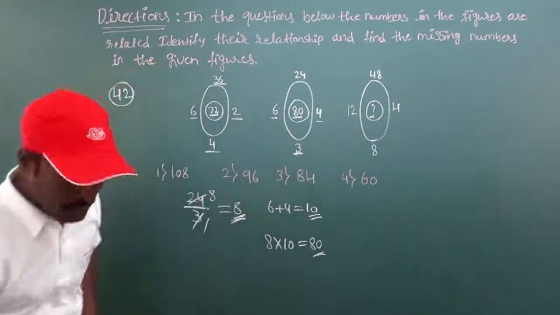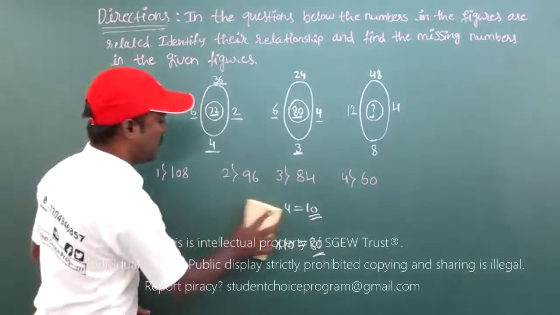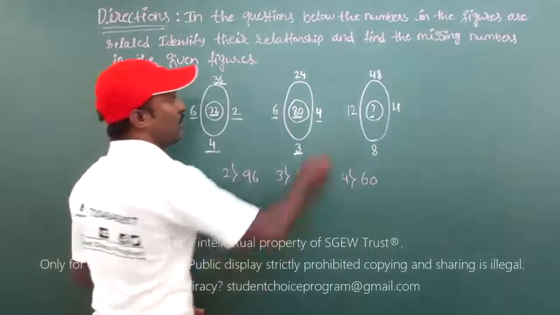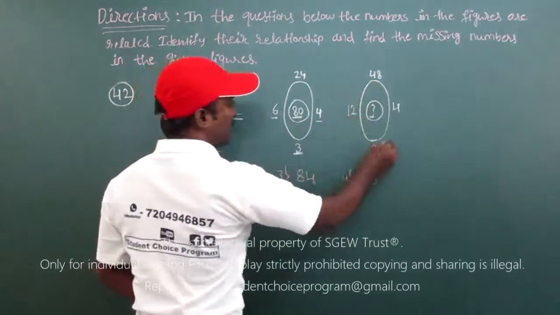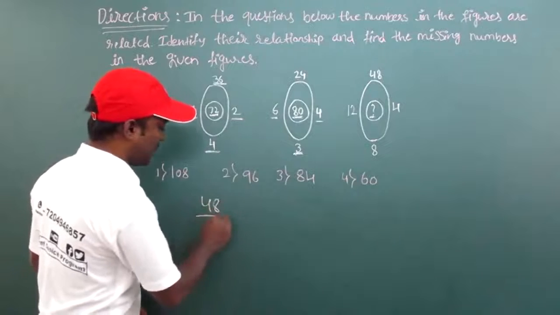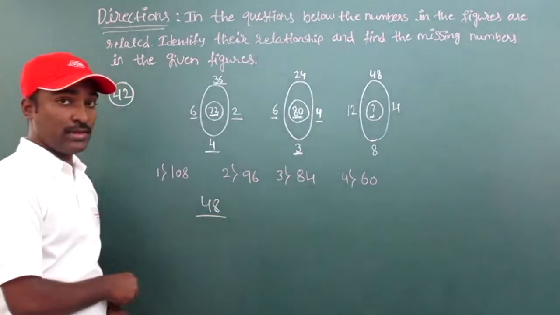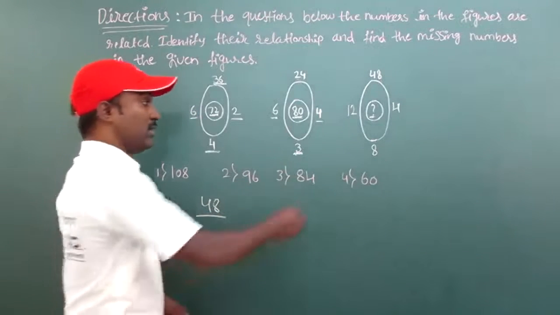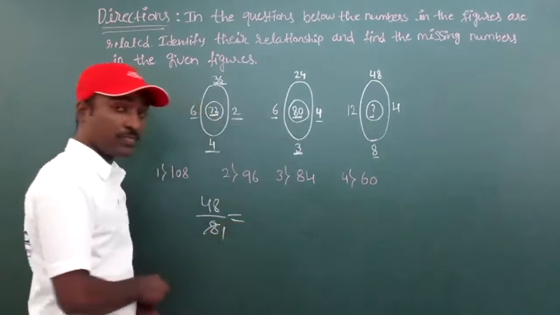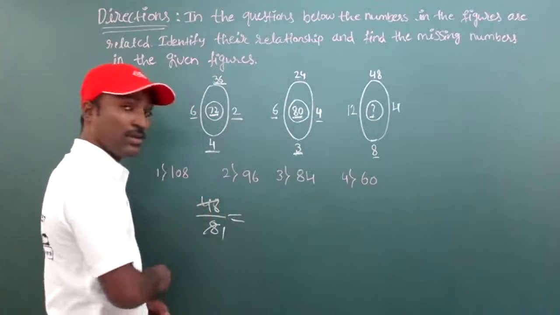So I will consider the surrounding numbers. Surrounding numbers are 48, 12, 8, 4. So first I will take 48 and divide it by 8. 8 ones are 8, 8 sixes are 48.